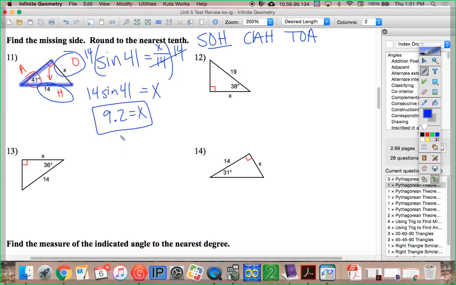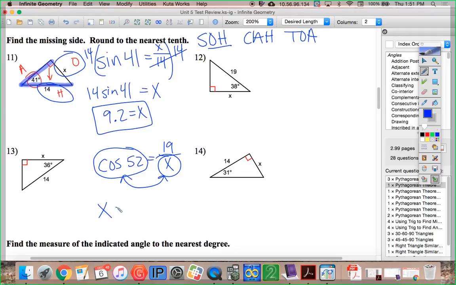Now, it was not on purpose, but all 4 of these on your review are multiplication like this because the number's on bottom. So let's just pretend I'm going to make one up. Like say we have the cosine of 52 equals 19 over x. If the variable's on bottom like this, you take this and you completely switch them, and then you divide.